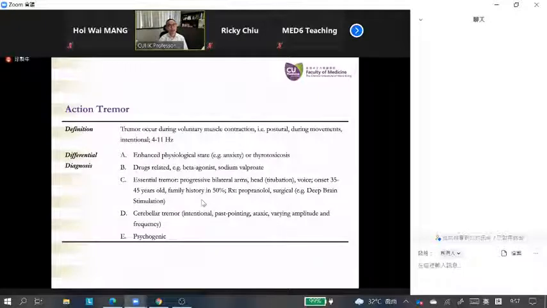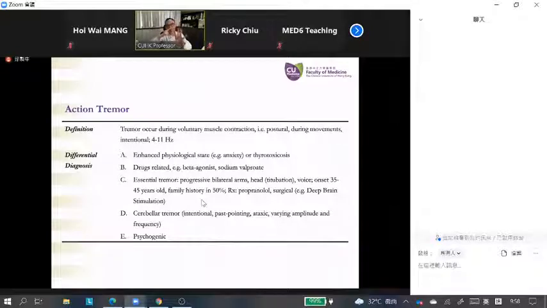First, action tremor. Tremor is a rhythmic movement, okay? And if we use the word action to describe it, it means it increases with action. Usually if the patient raises the hands against gravity, then the tremor comes, or during movements, and the tremor persists throughout the movement.